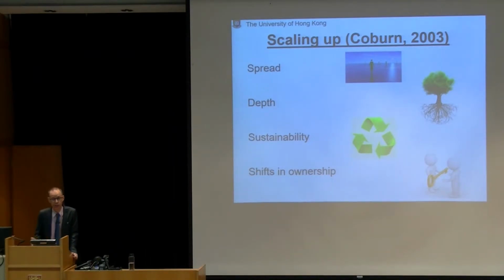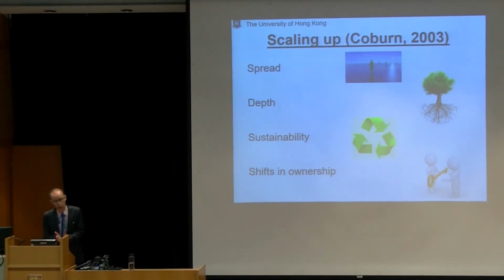I think it's very tempting in IT that we try out something new. Every year there are new ideas, new devices, new strategies. We need to try them out, but we also need sustainability so that the thing can continue over a period of time and be improved continuously. The fourth feature of scaling up is the idea of shift in ownership.